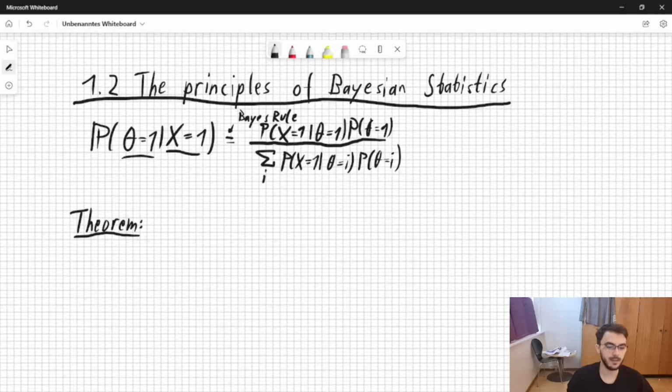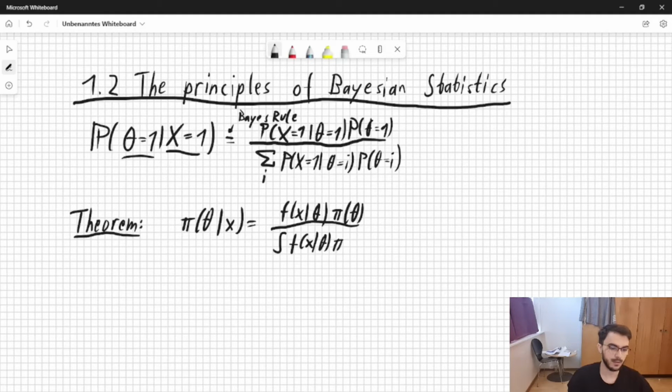So the posterior density pi of theta given x can be written as the product of the sampling distribution times the prior, divided by the integral of this product over all possible values of theta.